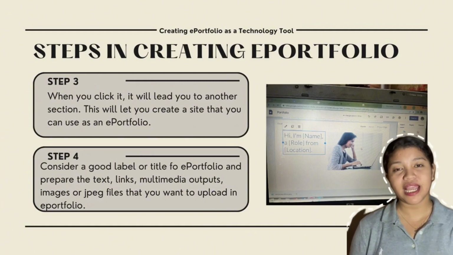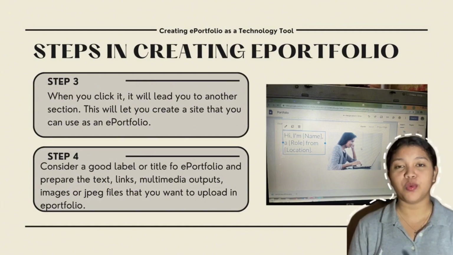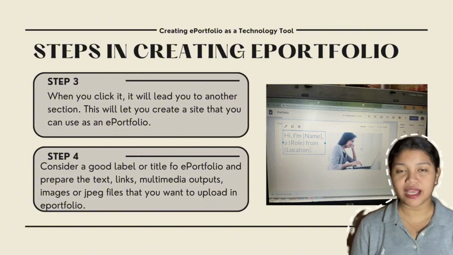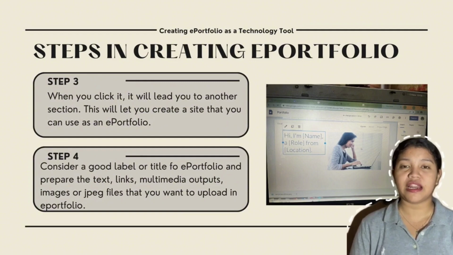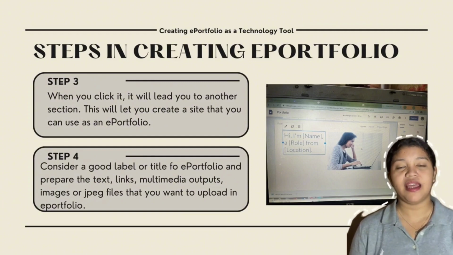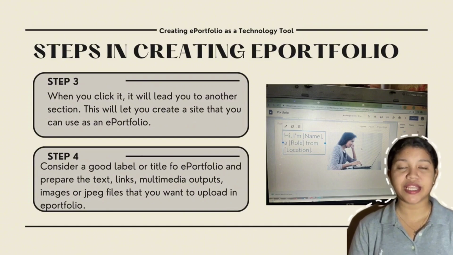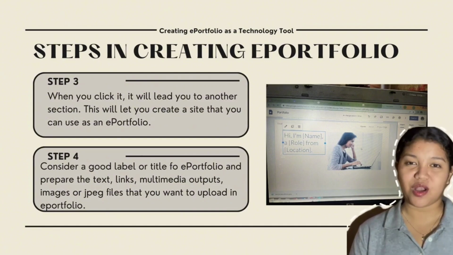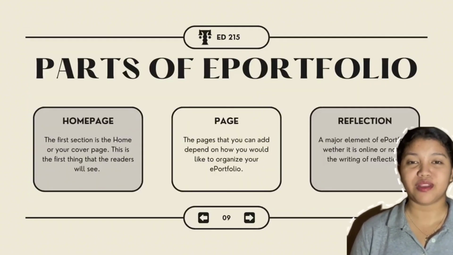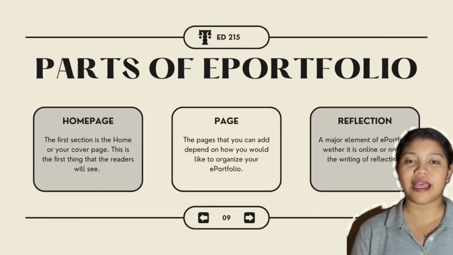Once you're signed in, step 2 will come and you search for Sites. Then, once you find Sites, step 3, you click it and it will lead you to another slide where you can create. And then step 4 is to think of a catchy or interesting introduction for your e-portfolio. That is all, and let's have a tour of the parts of the e-portfolio.